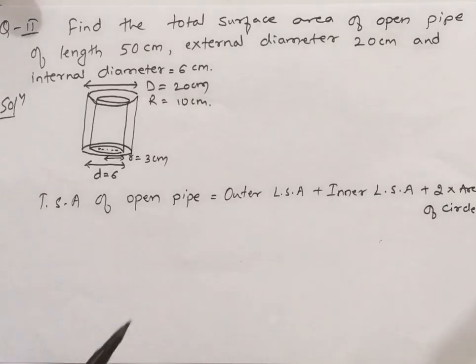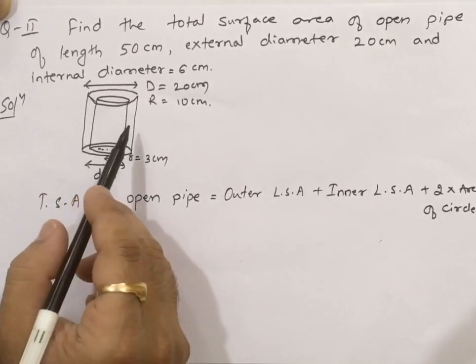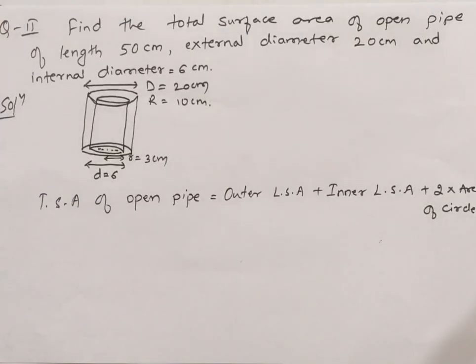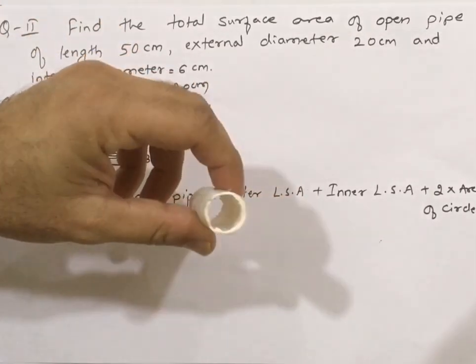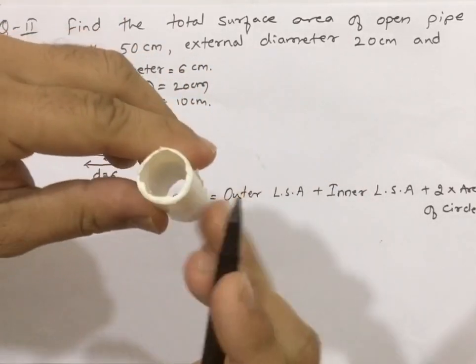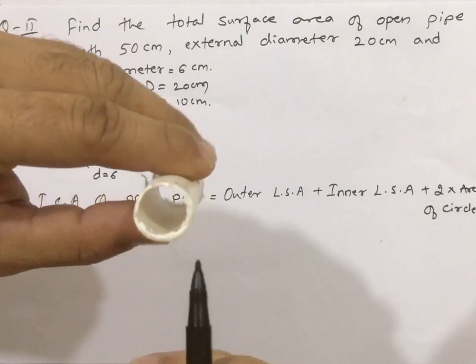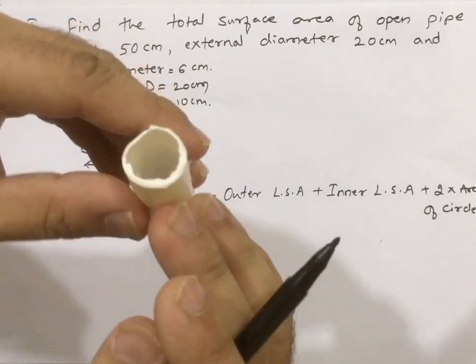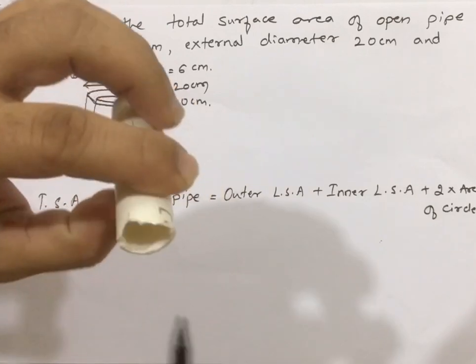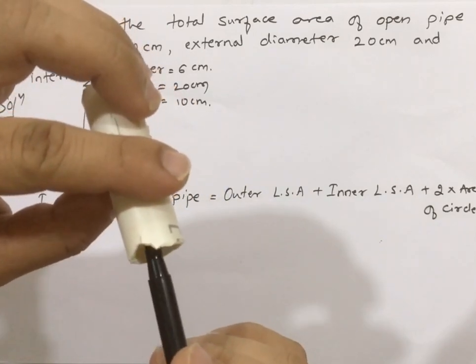See, this is a hollow pipe, so we have to find the total surface area. For example, consider this is a hollow pipe. Correct? So we have to find the total surface area of this hollow pipe. Then total surface area will be this curved surface area, outer curved surface area, and inner curved surface area.